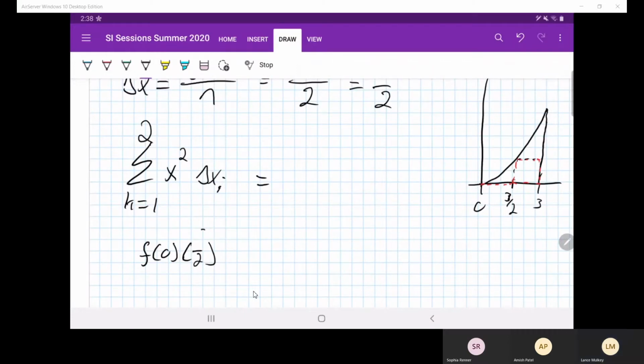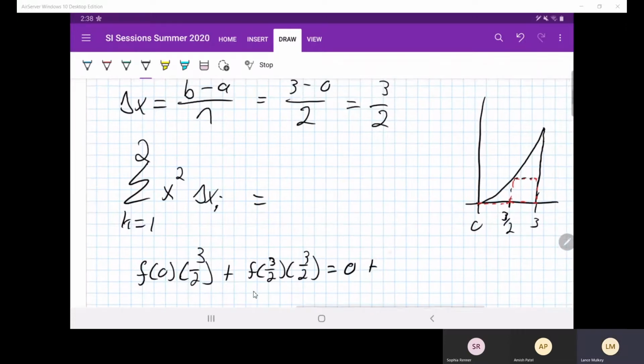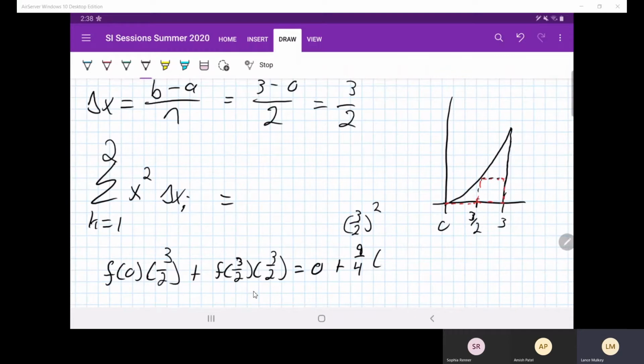Okay. Sorry. Plus f of 3/2, because it's right there, times 3/2, which equals 0 plus f of 3/2, which is 9/4, because 3/2 squared is 9/4, times 3/2, because you have a 3/2 width right here.